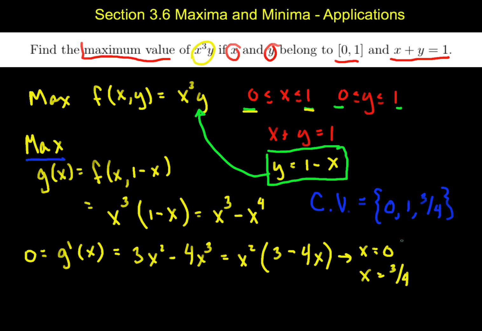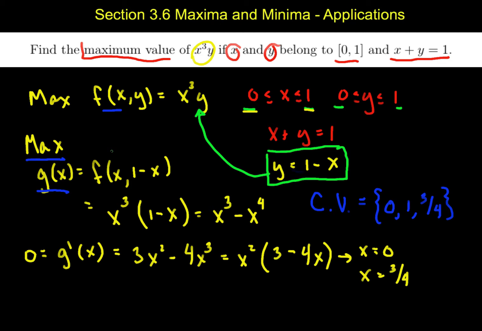Now we just simply need to evaluate our function. We're going to evaluate g. Something to notice here: I don't have to go back and figure out what y is, because I've got y constrained and I plug that into my function. So if I maximize g, that will also maximize the original problem.